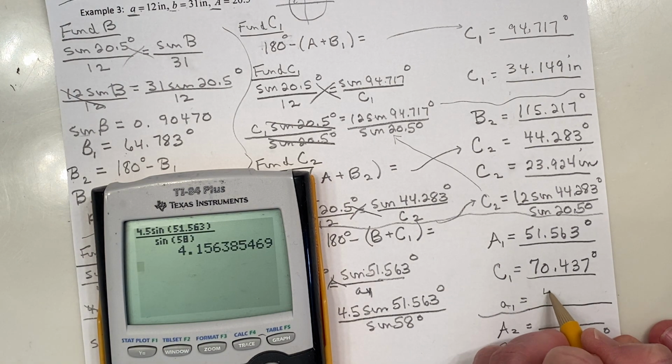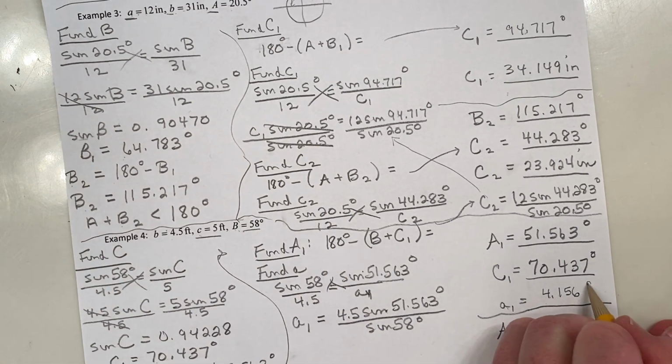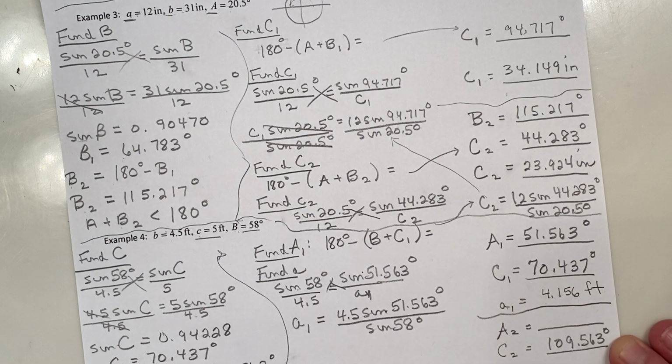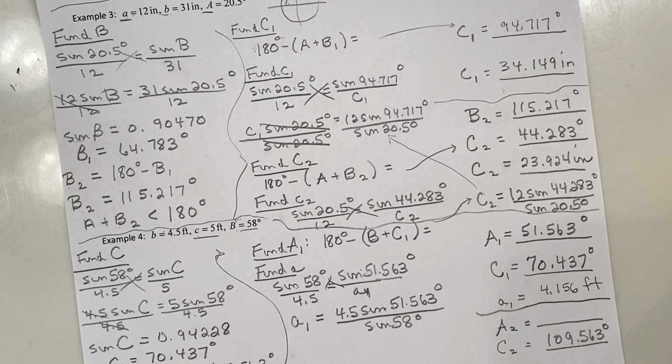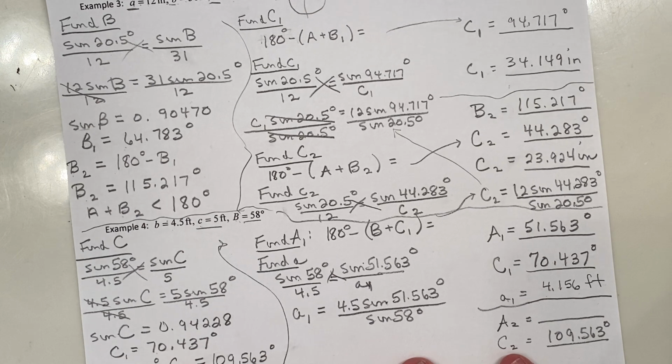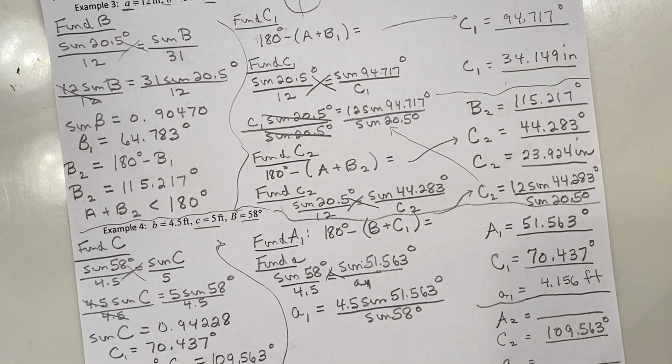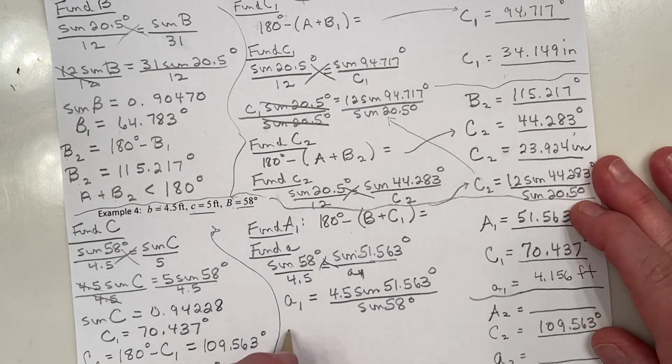So A sub 1 is 4.156. I don't know if there were units. Yeah, there were feet. Is A the smallest angle? Yes, it is. So the A sub 1 should be the smallest side.